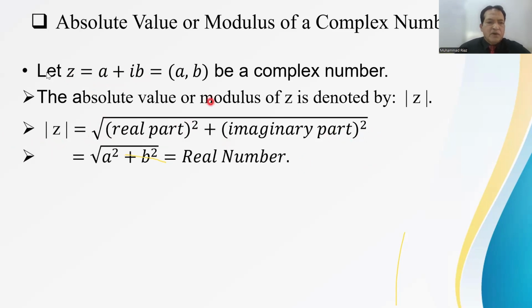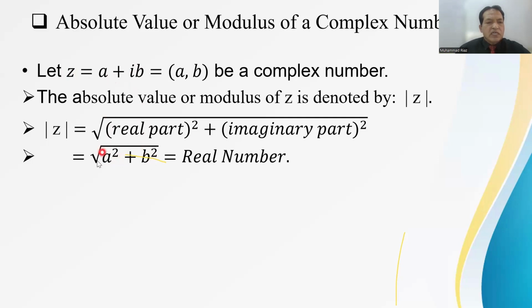If we have a complex number z is equal to a plus iota b, the real part a, then under root a square plus imaginary part b, b square.